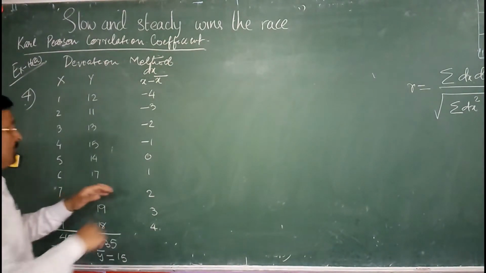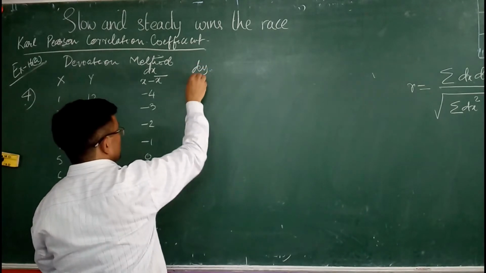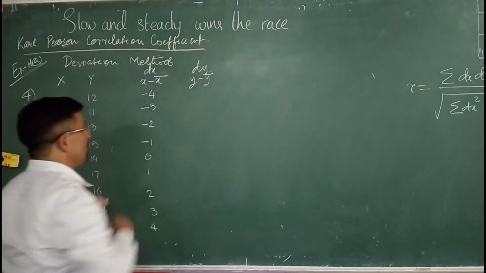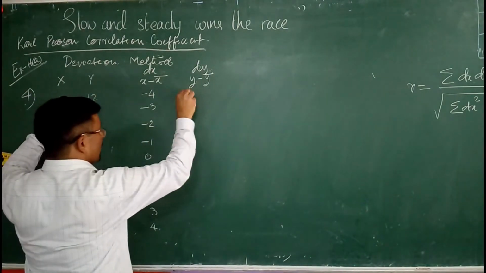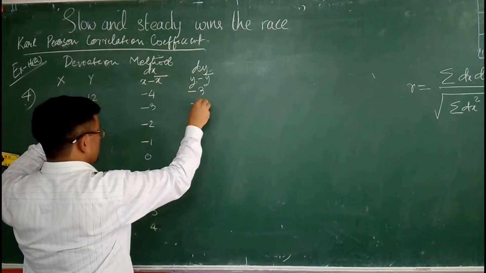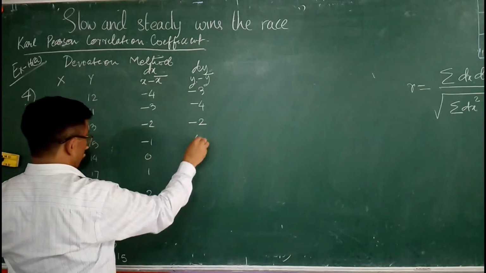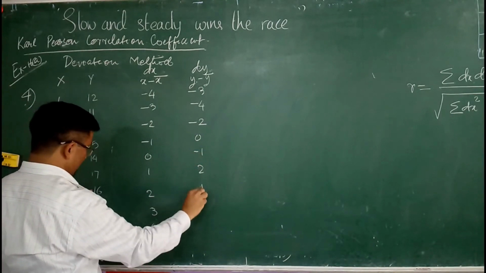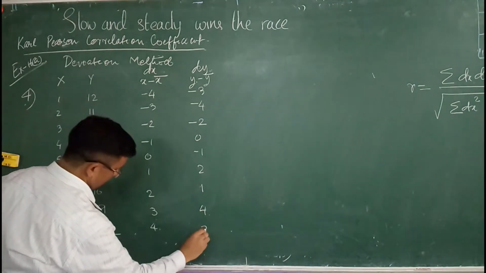After this, we need another column according to the formula. We require dy, which is y minus y bar. Similarly, we can calculate: 12 minus 15 is negative 3, negative 4, negative 2, 0, negative 1, 2, 1, 4, and then 3.